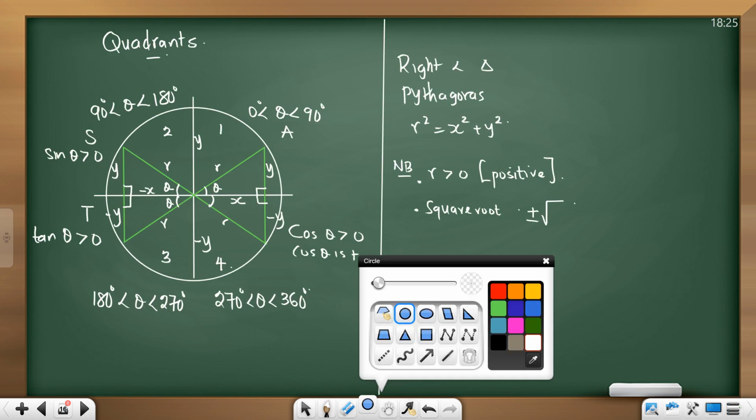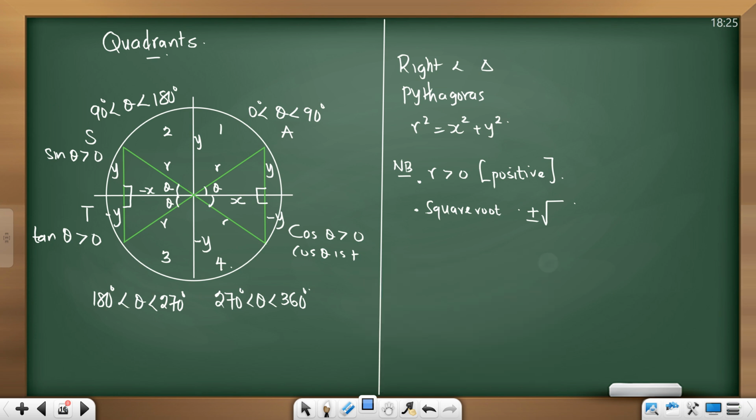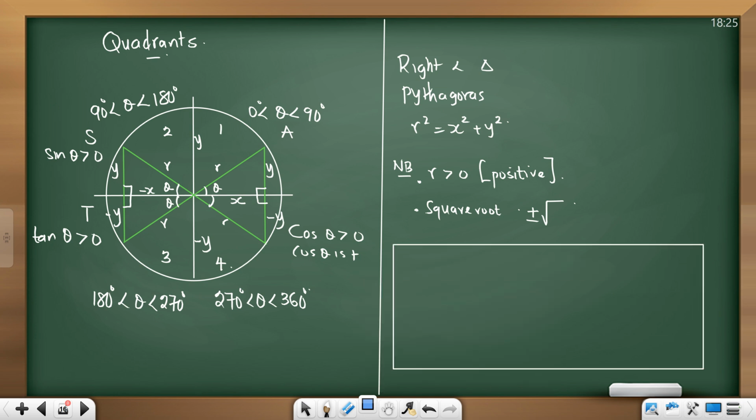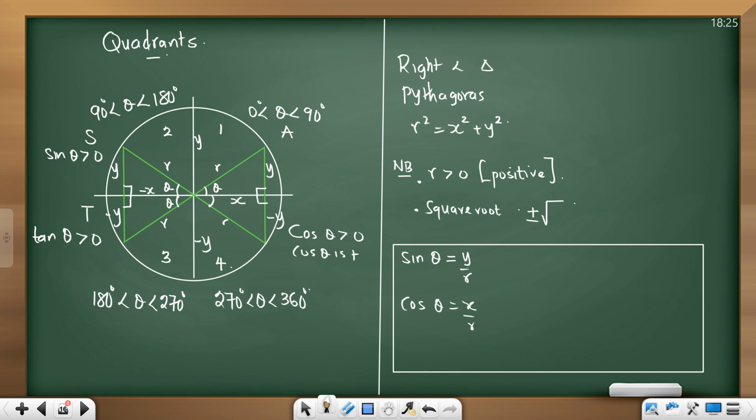Although I wrote this last week, this is very important. Very, very important. Sine theta in any of the quadrants is y over r. Cos theta is x over r. And tan theta is y over x. That's very, very important.